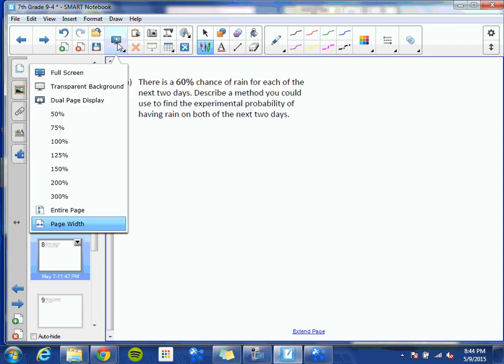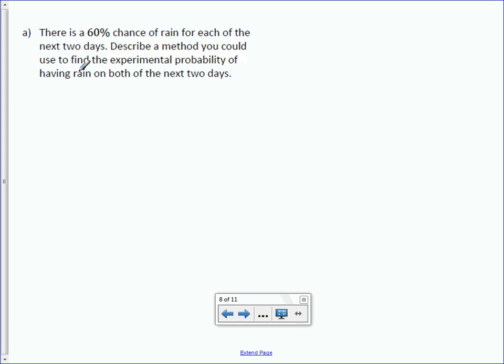So the first thing we need to do when we have unequally likely is we need to take our percentage and change it into a nice fraction. Percents are out of 100, so this would be 60 out of 100. I can divide by 20, definitely reduce when possible, and I would get 3 out of 5.